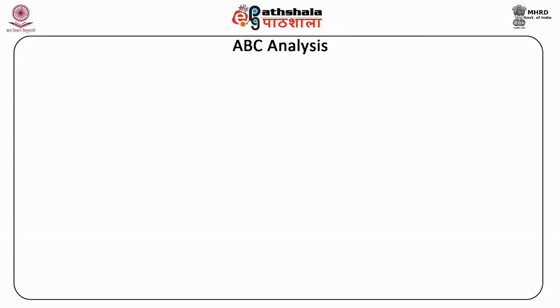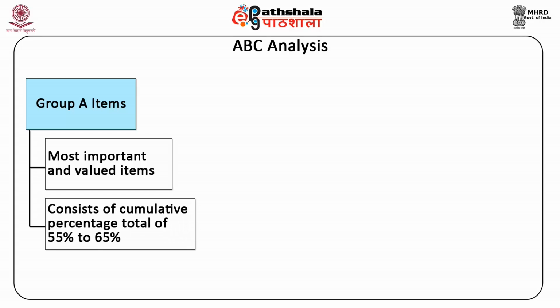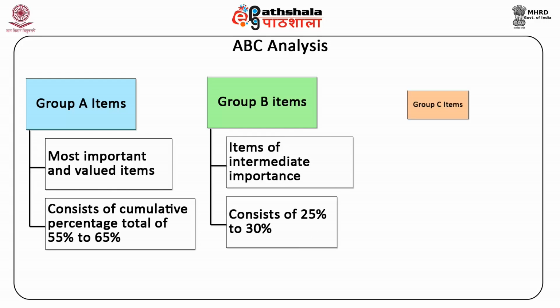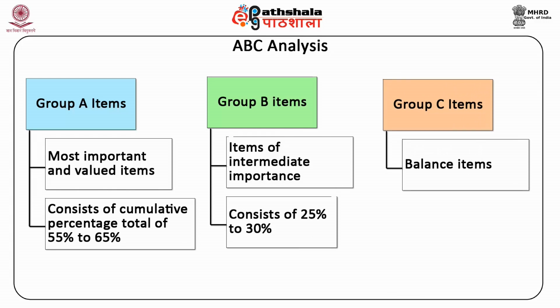ABC analysis. ABC analysis classifies various items of inventory into three groups. The most important and valued items are classified as A group. Those of intermediate importance are classified as group B, and the balanced items are classified as group C.